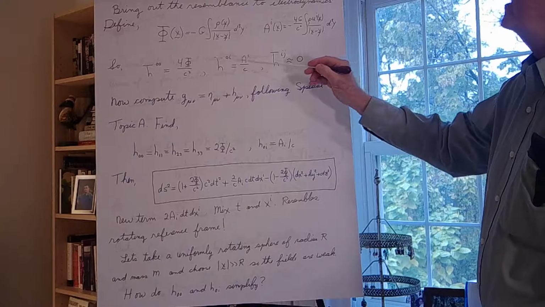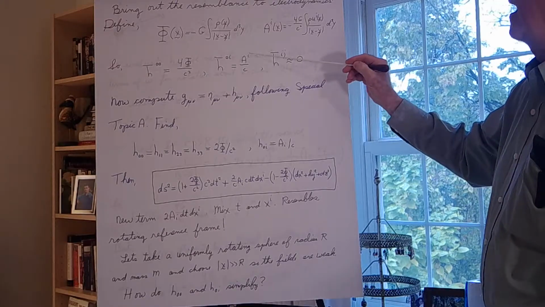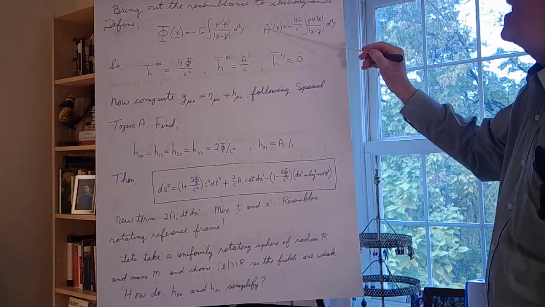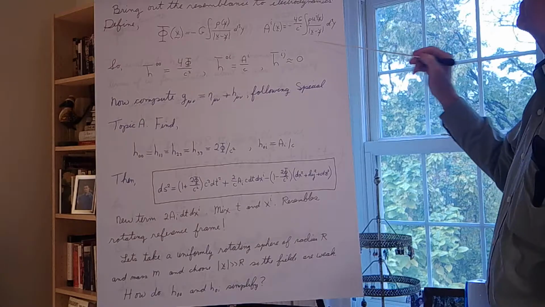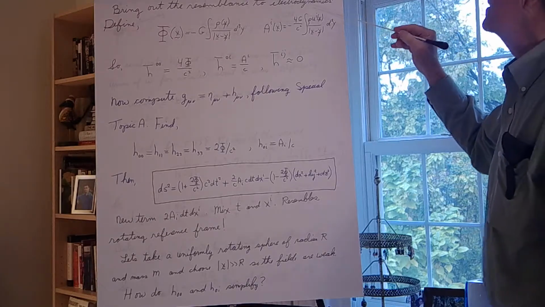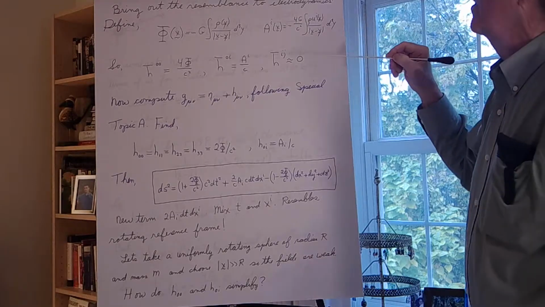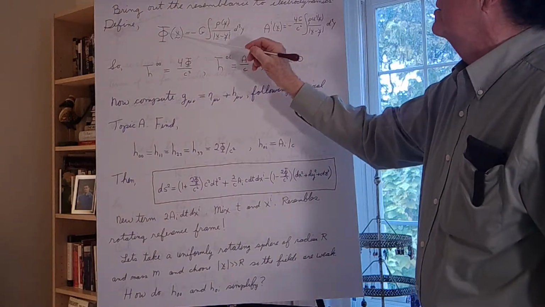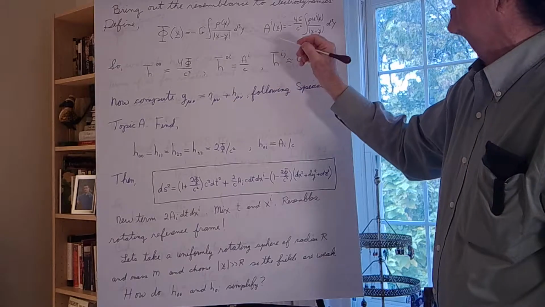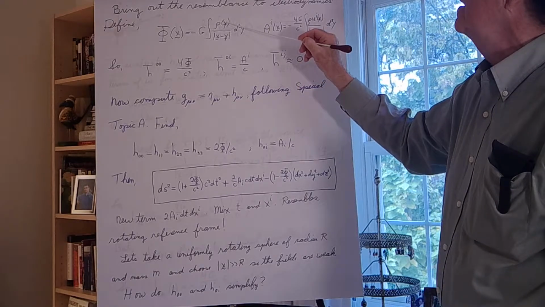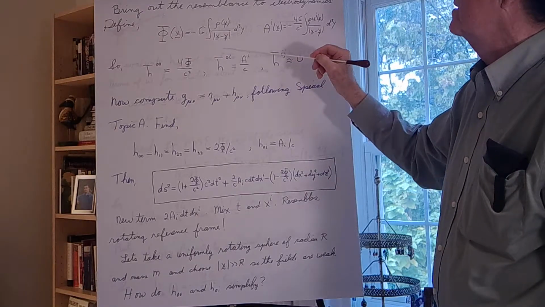So I'll replace h bar 0i by A^i divided by c, where A^i is this integral of the source. It's just the mass current divided by R, and my scalar source is going to be mass density divided by the distance to the source.